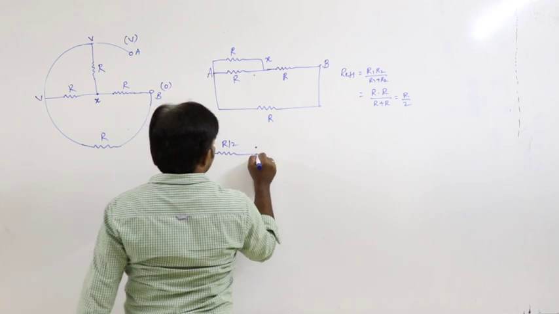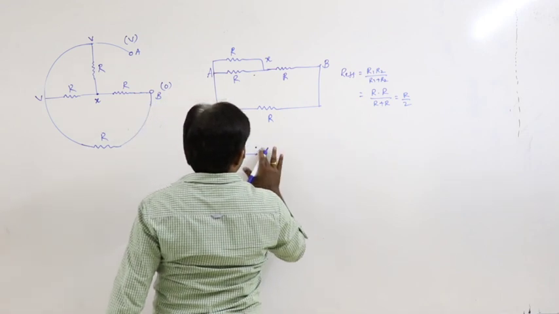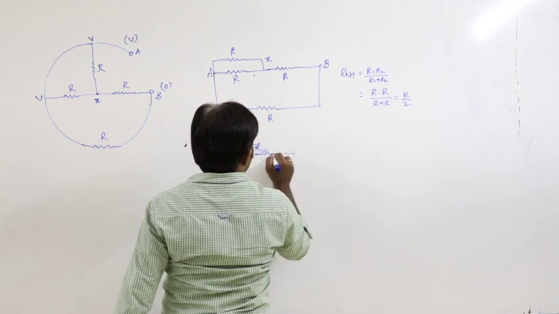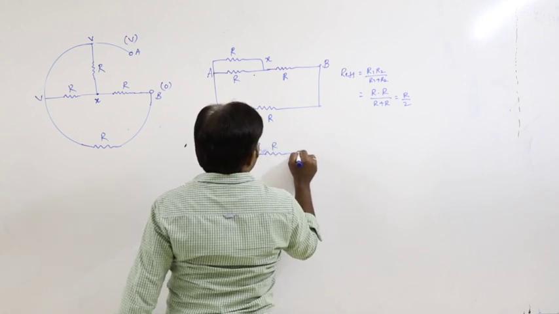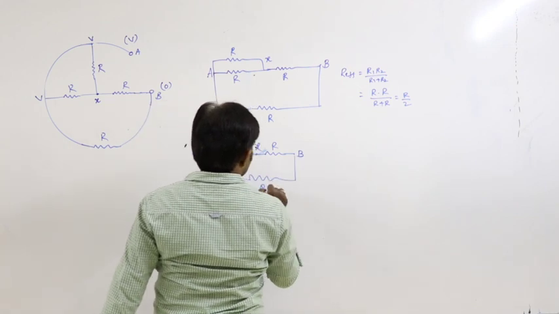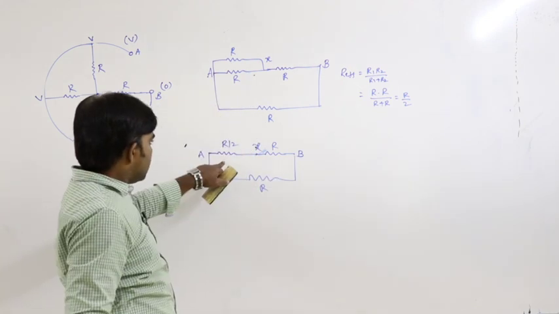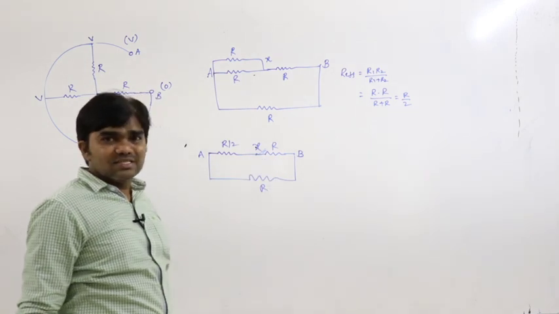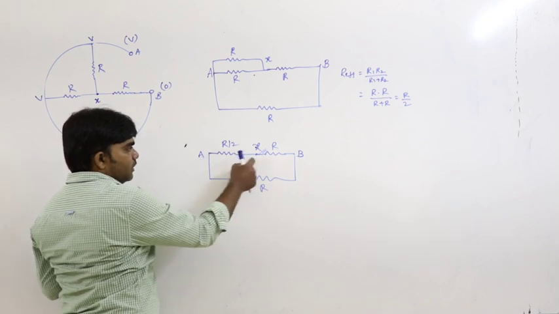A, X, and suppose next it is R. It is B. Next it is R. Here R by 2 and R are in series because different potentials.